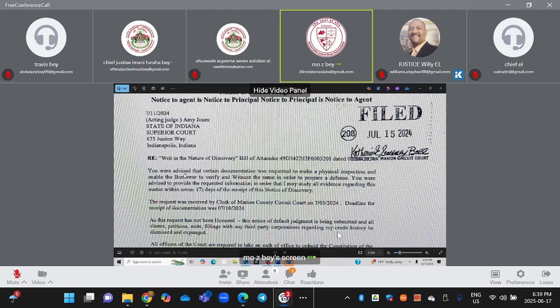You were advised that certain documentation was requested to make a physical inspection and enable the bar to verify and witness the same in order to prepare a defense. You were advised to provide the requested information in order that I may study all evidence regarding this matter within 7 days of the receipt of this notice of discovery.